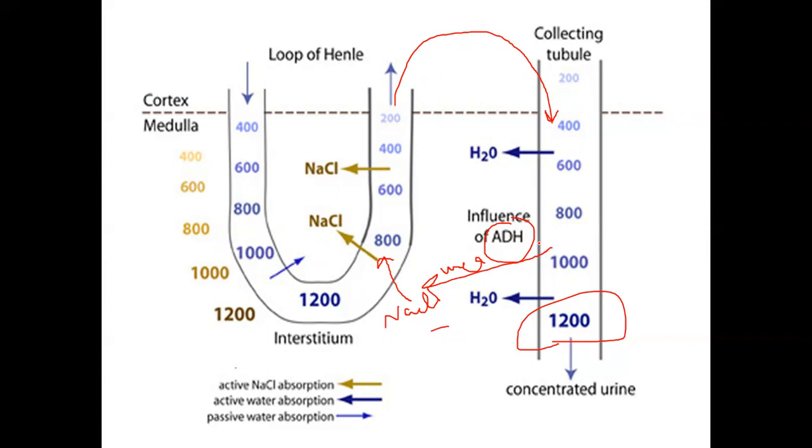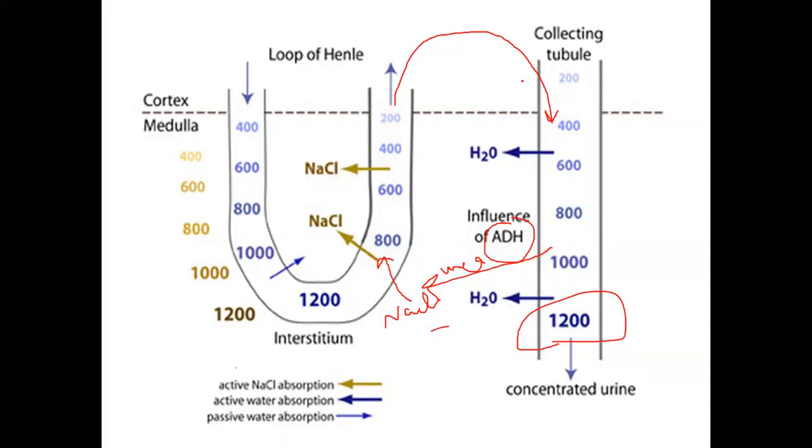Otherwise, collecting tubules are not reabsorbing water, but under the influence of ADH, the membrane of the collecting tubule becomes permeable to water. And water starts moving out of these collecting tubules. And a concentrated urine is passed. So now I hope that the process of the countercurrent mechanism that results in the formation of concentrated urine is clear to you.